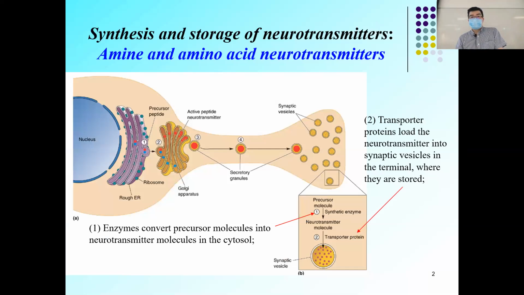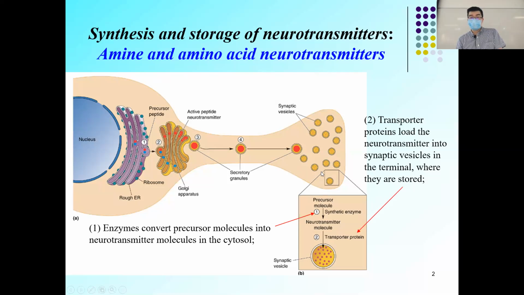so there are two major types of neurotransmitters. For example, the amine and amino acid neurotransmitters are small molecules, synthesized by enzymes at the local terminal.